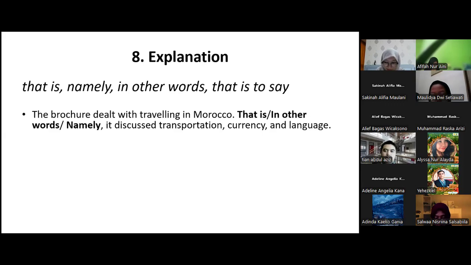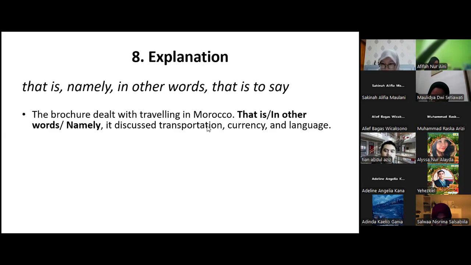Okay, read the sentence on the screen. The brochure dealt with traveling in Morocco. That is, or in other words, or namely, it discussed transportation, currency, and language. Okay, good. The first sentence talks about the brochure, the brochure deals with traveling in Morocco.